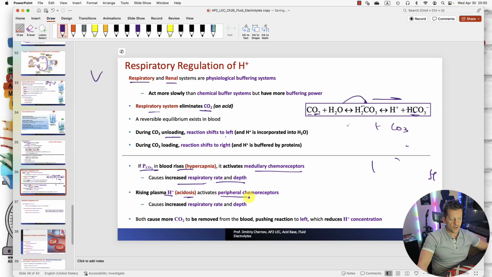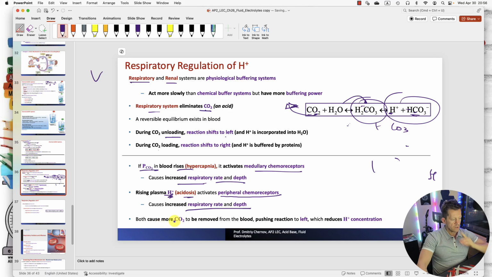But an increase in the protons, which is the acidosis, carbon dioxide hypercapnia, and increase of protons is acidosis. That activates peripheral chemoreceptors in the peripheral system. That also will cause the respiratory rate and depth to increase. To get rid of this, again, if we're getting rid of this through the respiratory system, we're getting rid of this hydrogen that has been combined with a bicarbonate that became a carbonic acid, and we're releasing hydrogens via carbon dioxide.